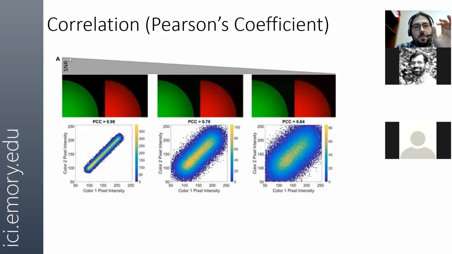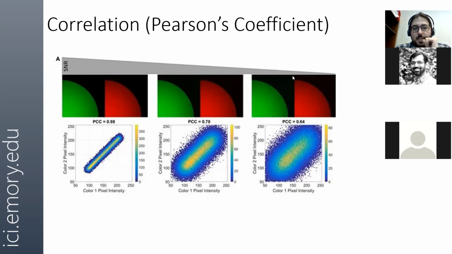We'll also make a point here of going over the fact that Pearson's coefficient, the way it's calculated, is in fact sensitive to the signal to noise ratio. So the lower that value becomes, the lower the Pearson's coefficient will become, even if we're not actually changing the relationship between the two things which are labeled.